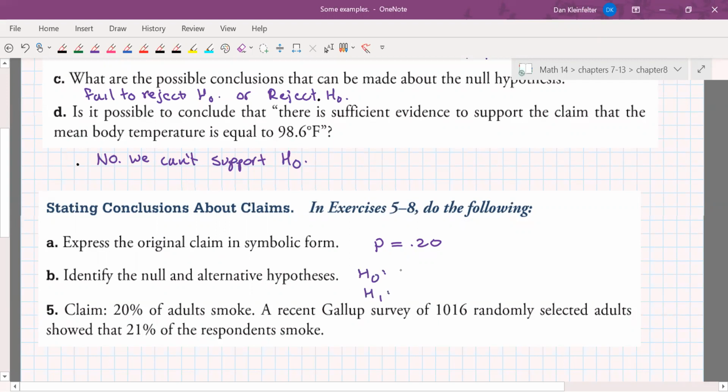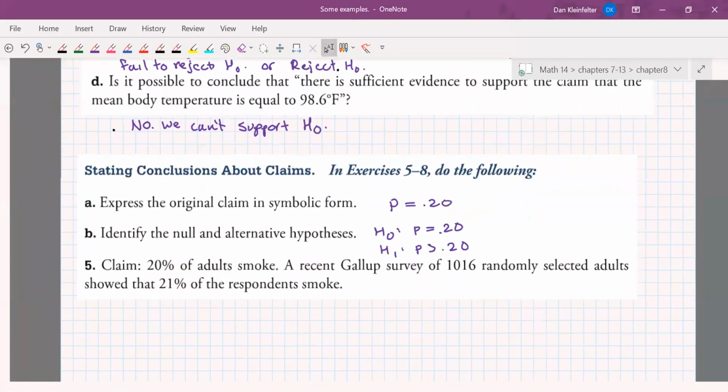The null hypothesis always contains equality, so we'll have that as 0.20. The survey showed that it was 21% of adults, which sounds like more than 20%. So I'm going to go ahead and use greater than 0.20 because it looks like our sample data is greater than 0.20. We just have to decide if it's significant or not.